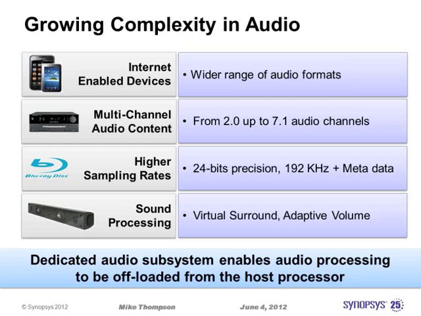There's a huge range of audio formats because a lot of things are now connected to the internet, so you don't really know necessarily what format the chip you're developing is going to be running, so you have to support them all. There's also the expansion from stereo to 5.1, 7.1.